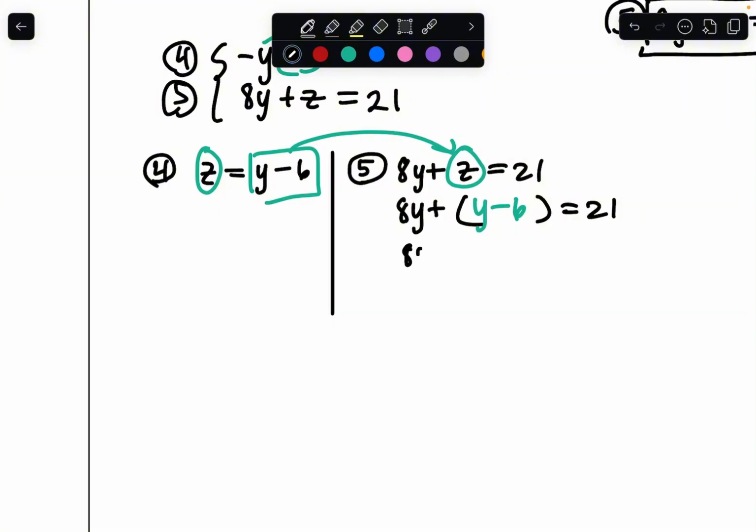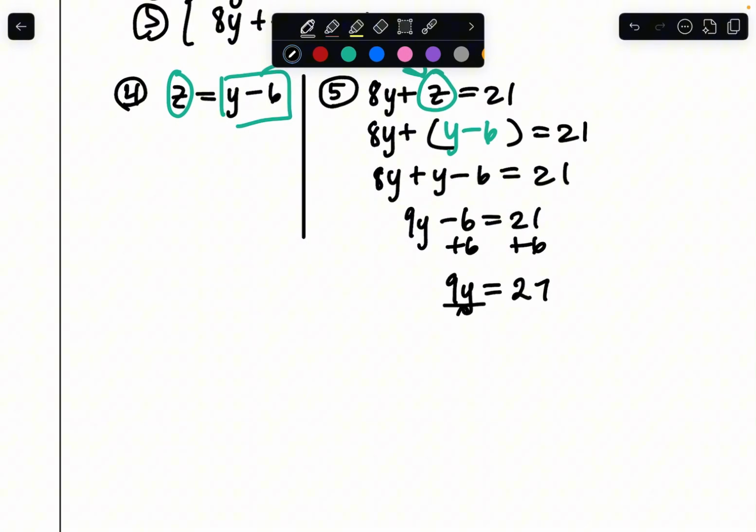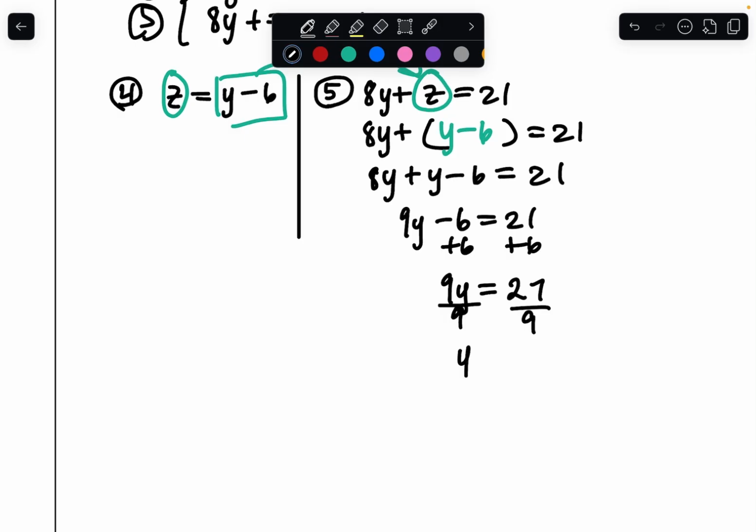There's nothing to distribute, so the parentheses aren't necessary. Technically, you're distributing a positive 1, which won't change anything. Combine your like terms, add your 6. So 9y equals 27. Divide by 9, and we get y equals 3.